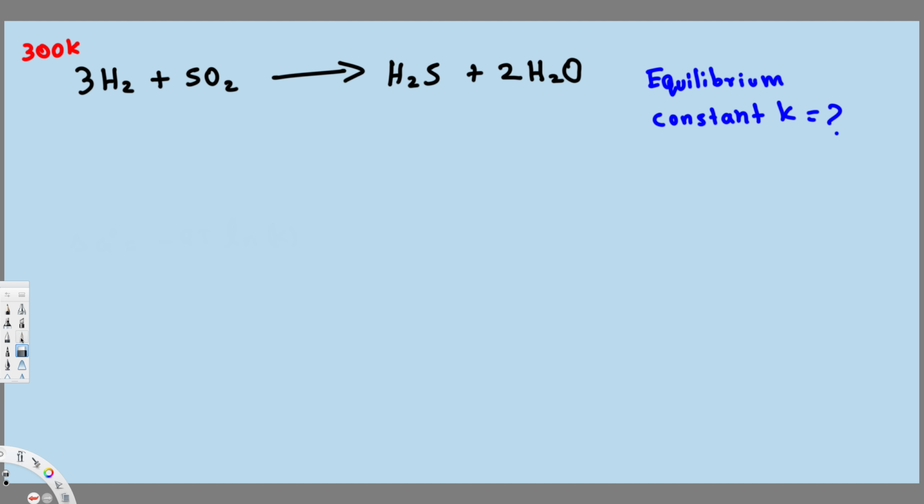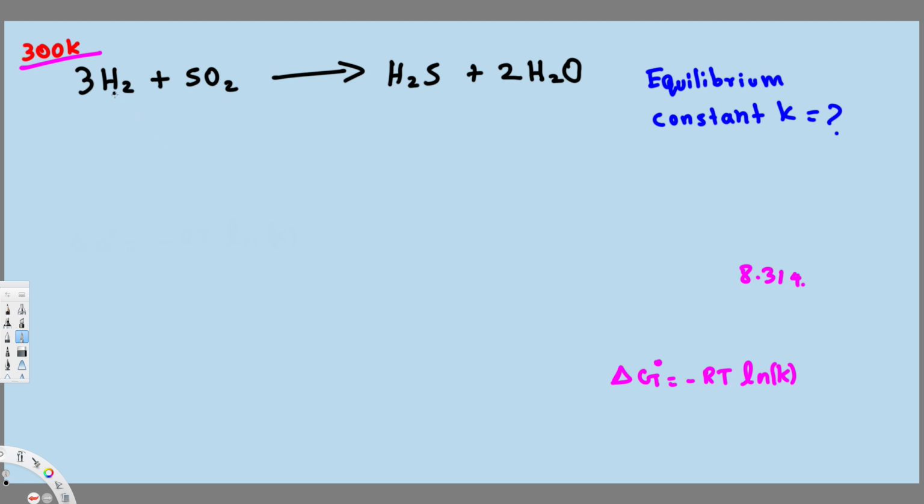So here we have this equation, that is delta G is equal to minus RT ln K. Here R is the gas constant, that is 8.314, and the temperature is 300 Kelvin, but we have to find the delta G in order to calculate the K, right? So let's go ahead and find the delta G value.